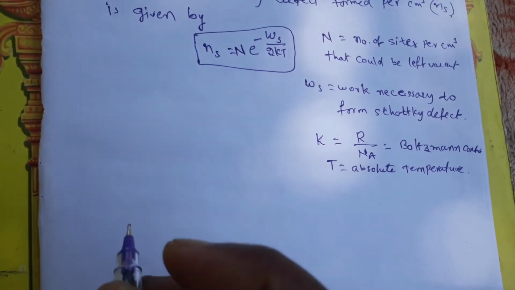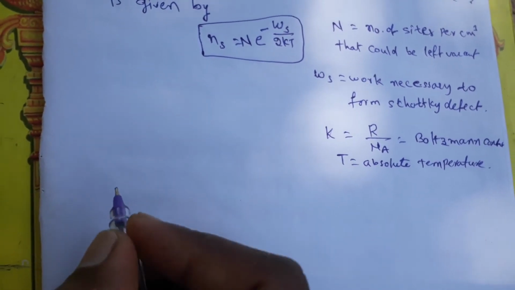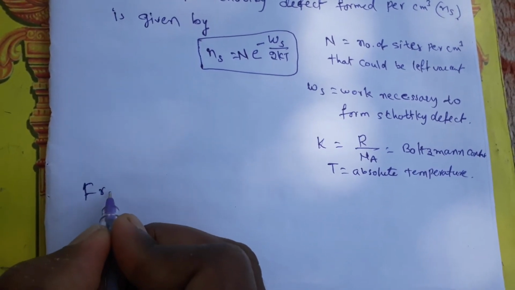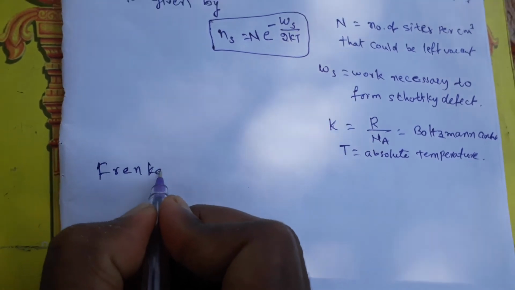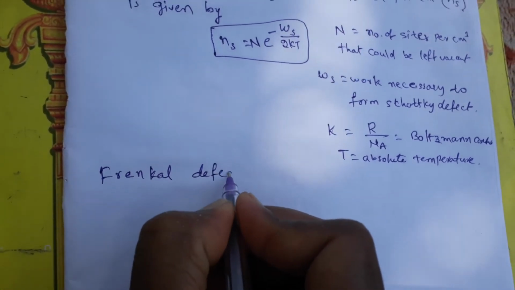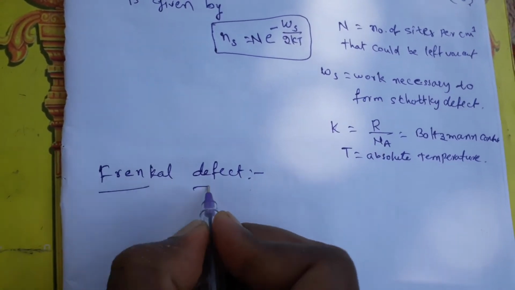Next we will see the Frenkel defect. Again in stoichiometric defects, the second type is the Frenkel defect.